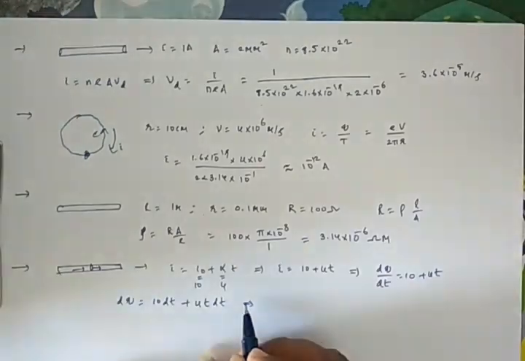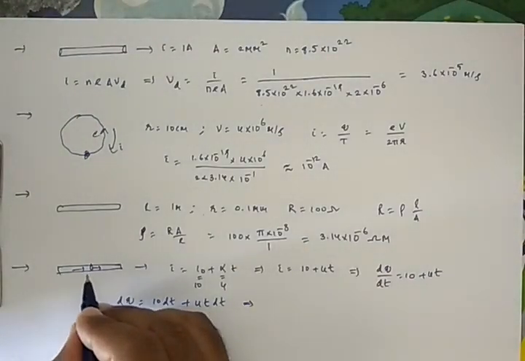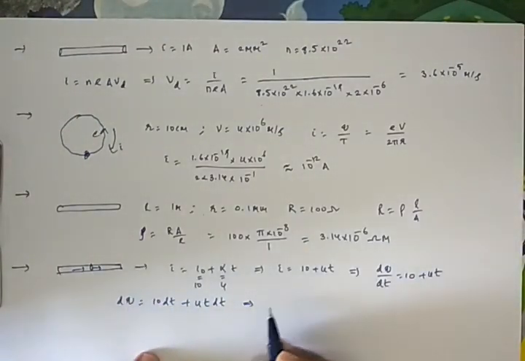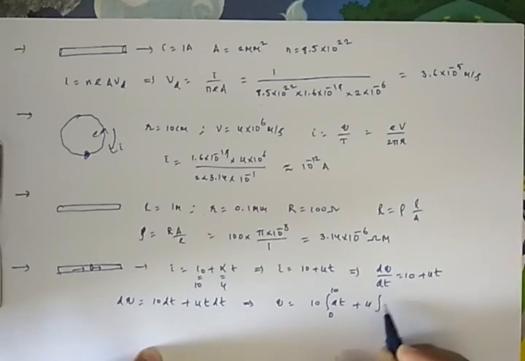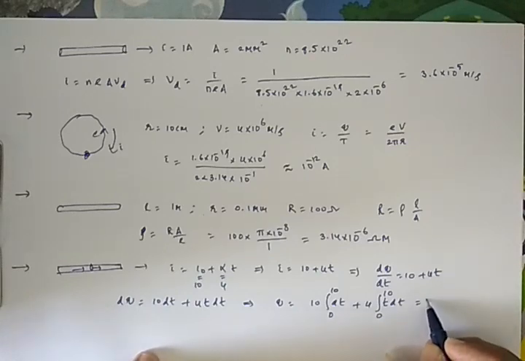That implies, to get the total charge that is crossing this area in 10 seconds, you have to integrate this function. So 10 dt from 0 to 10 seconds plus 4t dt from 0 to 10 seconds. So this is 10 into t.